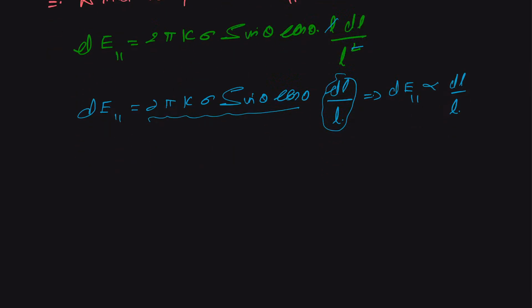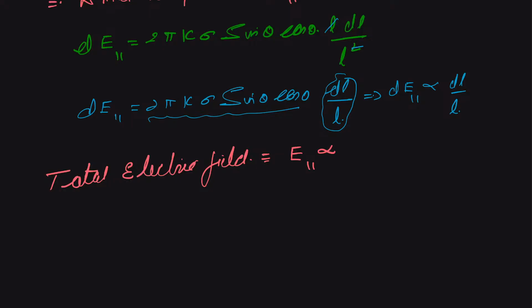Therefore we can write that the total electric field will be our axial electric field in terms of proportionality, and we can simply integrate it, dl upon L, and this integration will be from 0 to L, along the slant height. And obviously the integration of this will be natural log of L, and one of the limits is our 0.